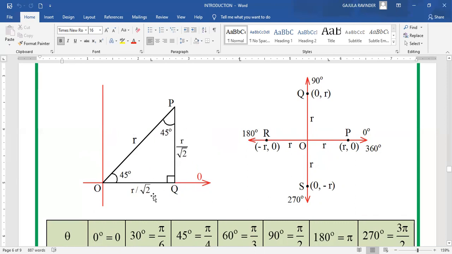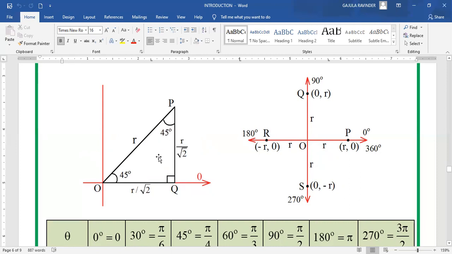Why? Because when sides are R by root 2 and R by root 2, hypotenuse will be root 2 times the sides, so that it will be R. Anyway, this is an isosceles right angle triangle of hypotenuse R and sides R by root 2, in which two acute angles will be 45 degrees and 45 degrees.